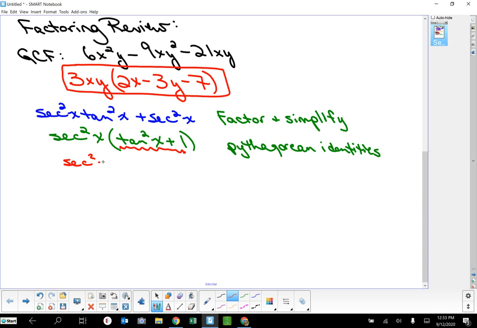So this is still secant squared, this guy. And this is also secant squared by a Pythagorean identity. And so if you multiply those together, secant squared times secant squared is secant to the 4th. And that would be that guy simplified. So that's an identity actually worked out using factoring. That's the idea of kind of where we're going. So the more of these, again, you see and I do, the better off you're going to be.